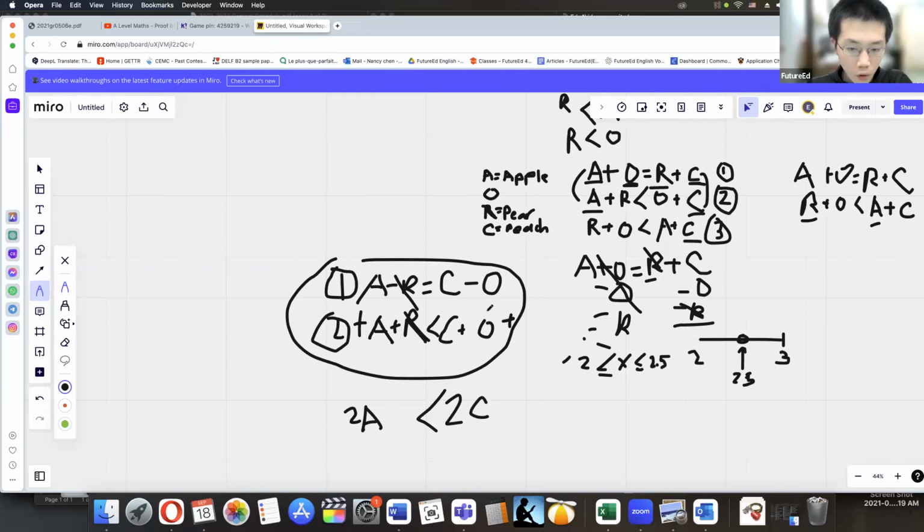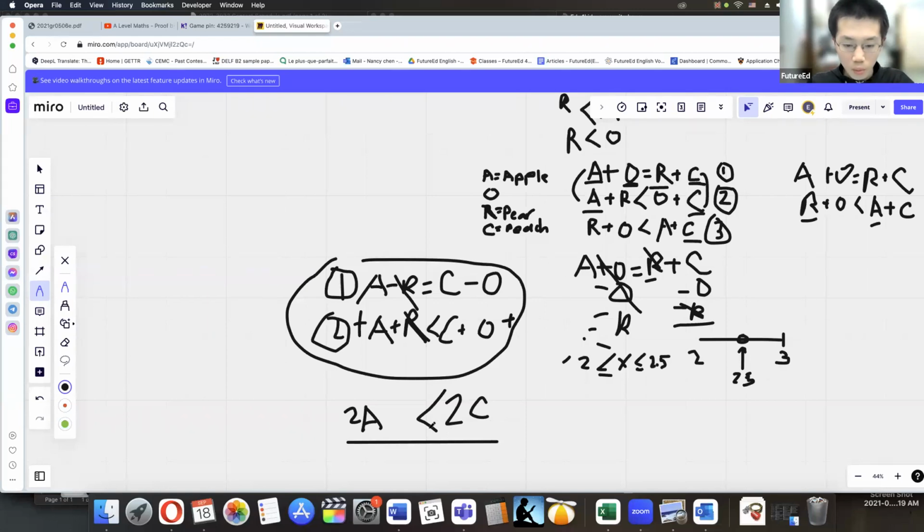And what about positive O plus negative O? It would be a 0. So we now have the equation 2A is smaller than 2C.